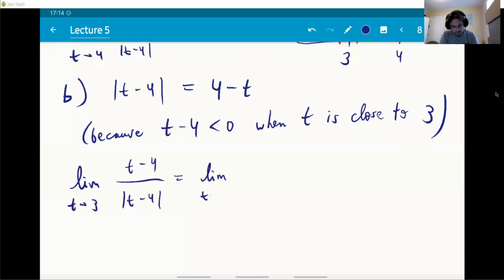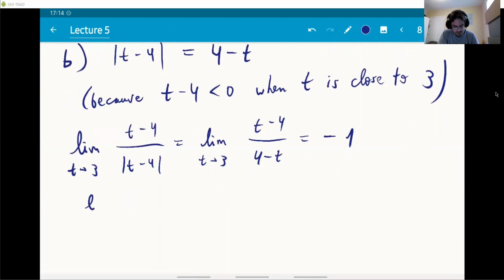It will be the same from either side, so you can just compute it directly. T minus 4 over 4 minus t. And as we discussed above, this is equal to minus 1 if you cancel this fraction. So now, because the actual limit is minus 1, then also the left and right are both minus 1.